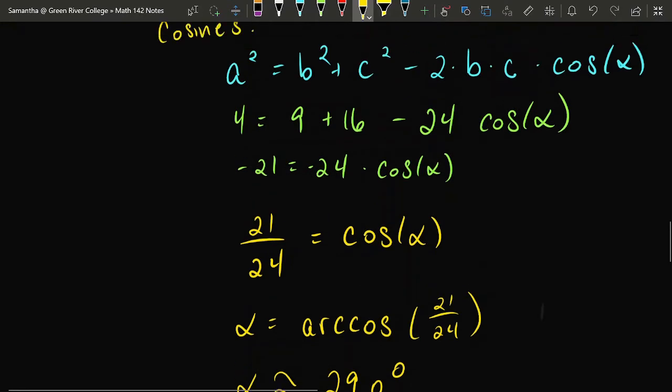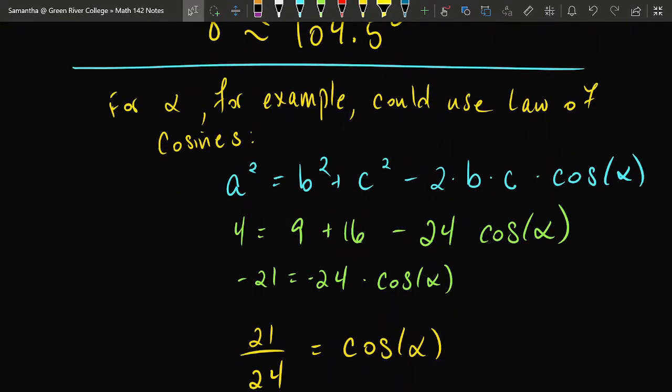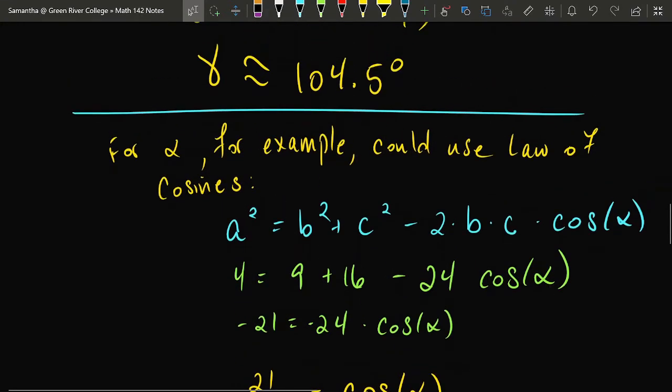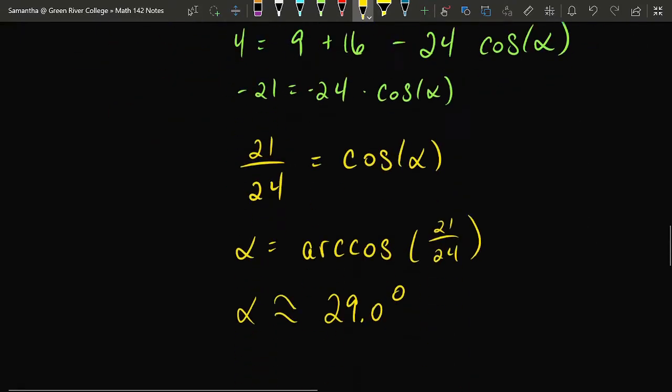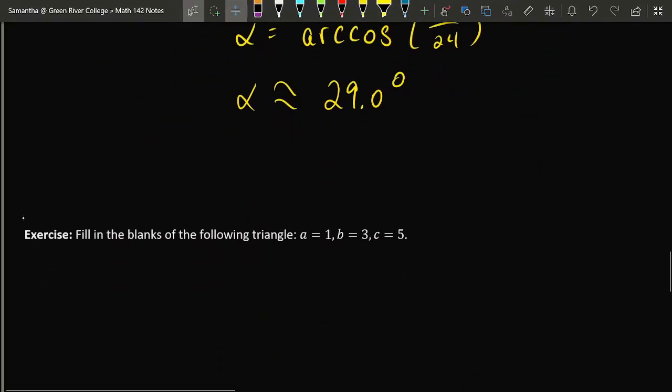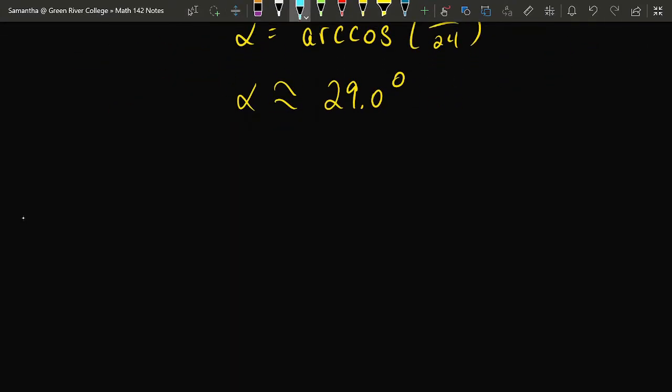Now I have shown how to find alpha using the law of cosines, but at this point in the problem, now that we know gamma, it's also possible to find alpha using law of sines, and most students do tend to prefer this.